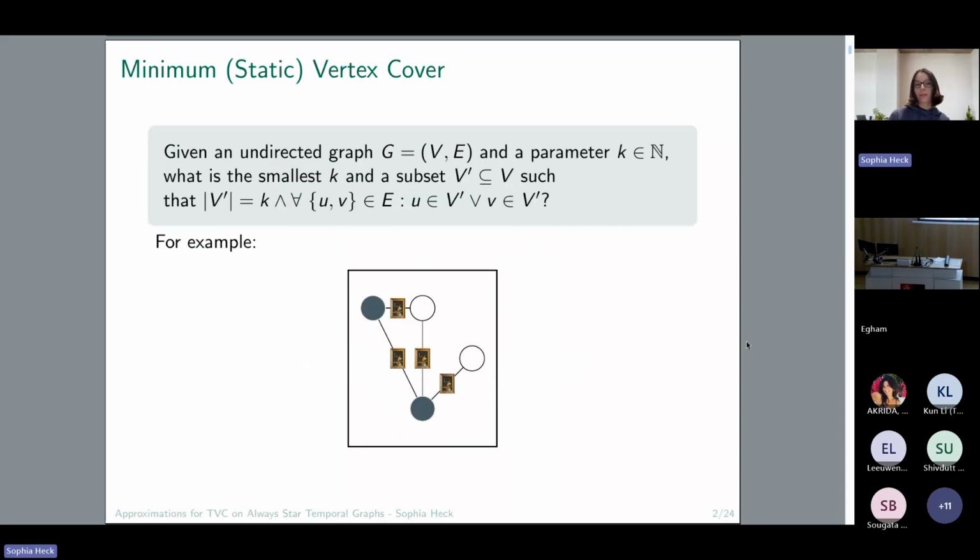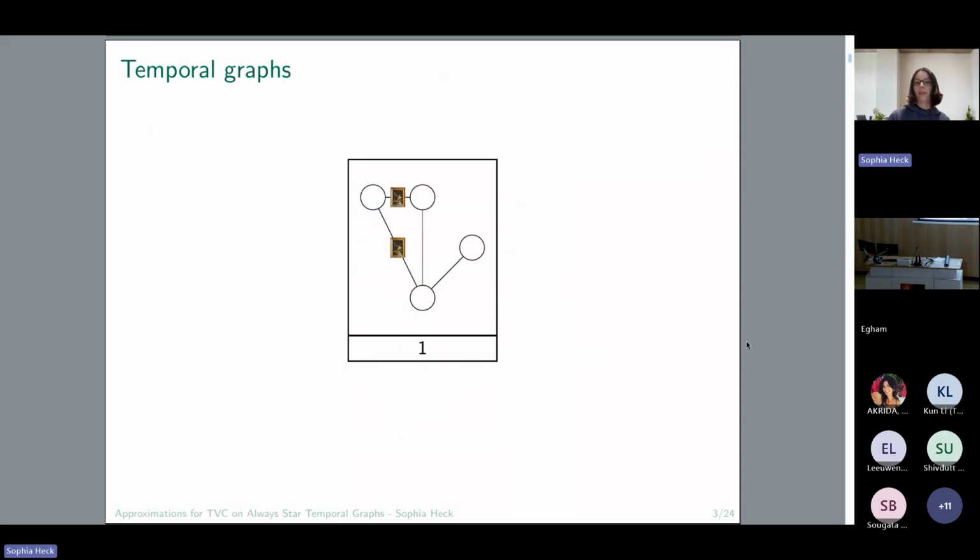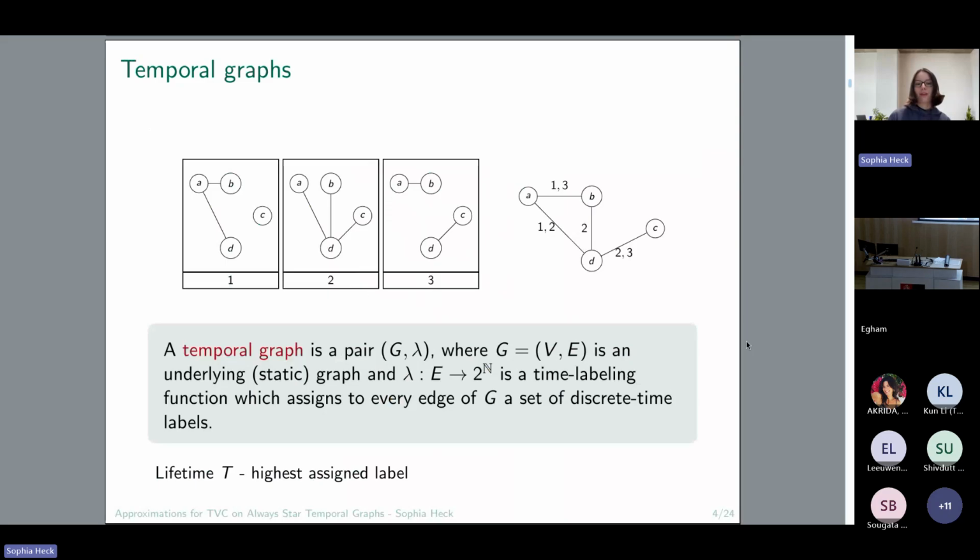However, often in practice, we don't have a static setting, but things change over time. Maybe not all corridors hold artwork all of the time, or plug in whatever application you want to use. In this scenario, we can capture this behavior by what is called a temporal graph. In a temporal graph, we not only have edges and vertices, but also a time labeling function, called lambda, which assigns every edge a certain number of time labels where it is active.